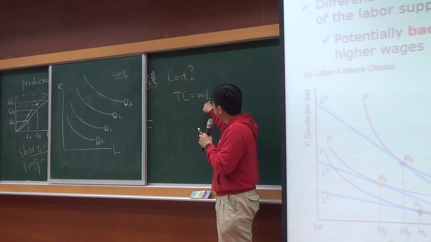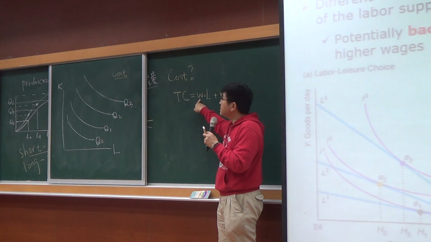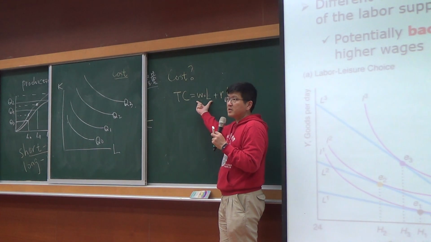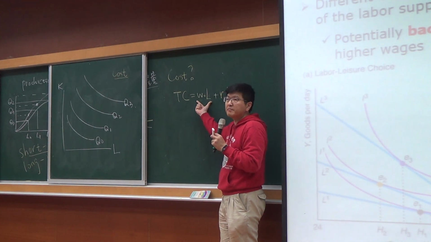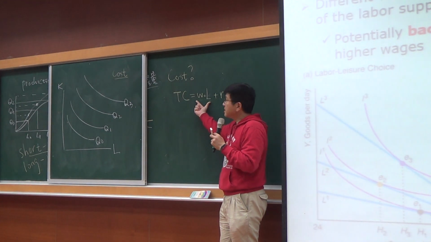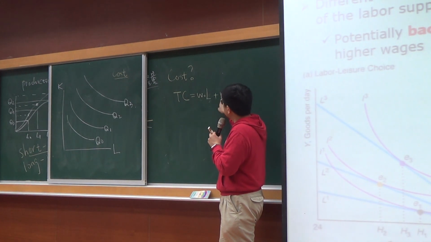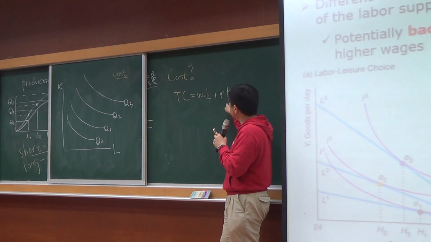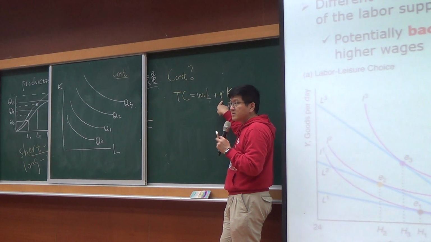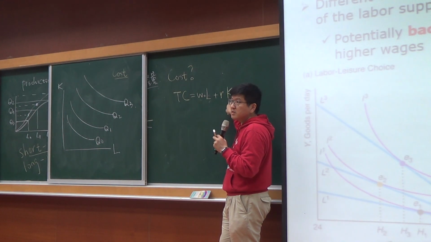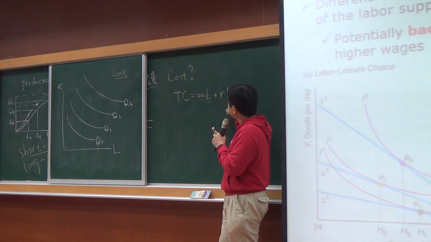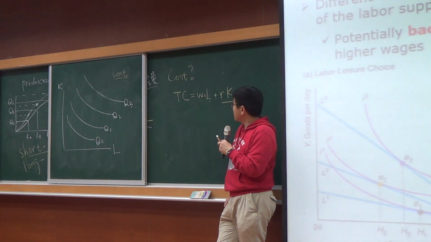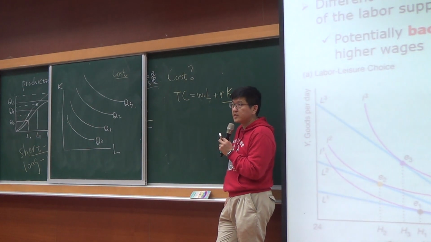For each laborer, you have to pay W. And you hire this many workers, you have to pay this. So this cost comes from labor, okay? And this part is the rent for the capital. If you want to use capital, you have to pay the rent. The more capital you adopt, the higher the cost you have to pay for the capital.